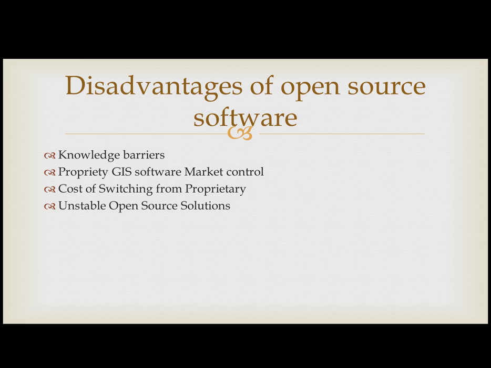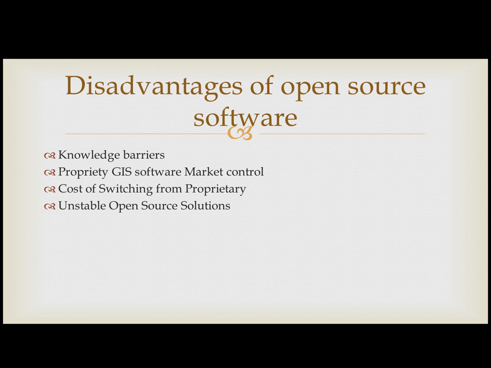Another disadvantage stems from proprietary GIS software having a large portion of the market, which influences the knowledge barriers. Individuals are more familiar with proprietary software and therefore don't know how to use open source software, and stay in that lane and stay with proprietary software.